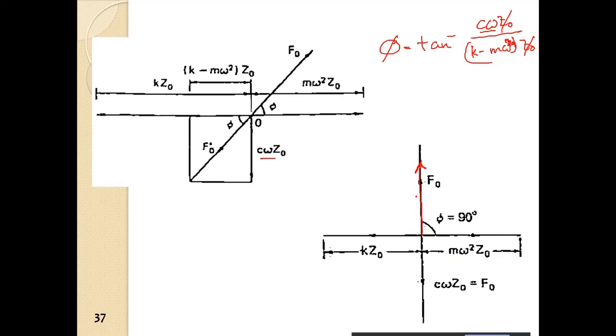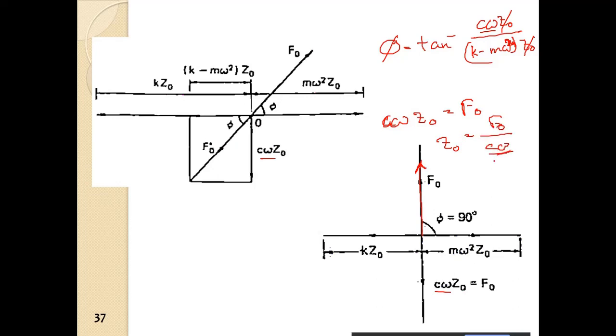So the phase angle is 90 degrees for all values of damping, right? So this is a critical condition, and the maximum amplitude occurs at this condition. Here you can see C omega z naught is equal to f naught, so z naught is equal to f naught by C omega.